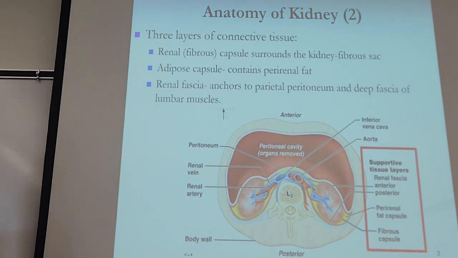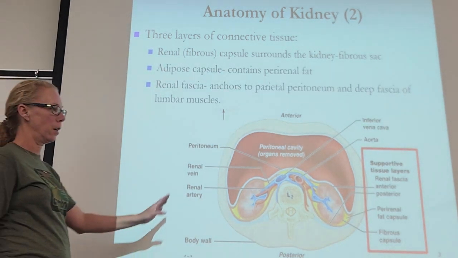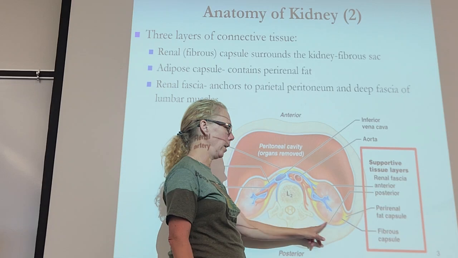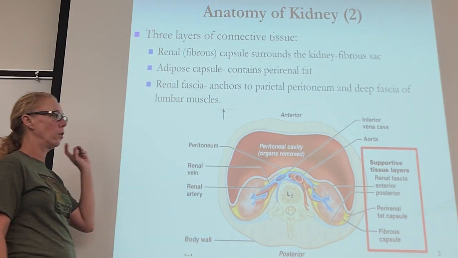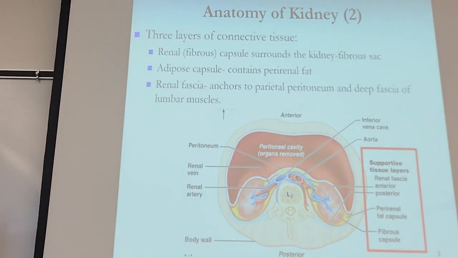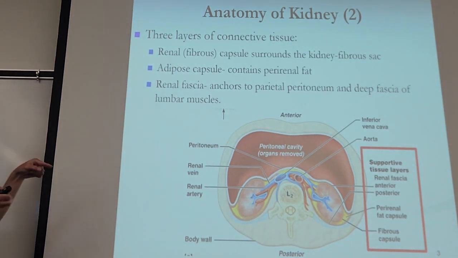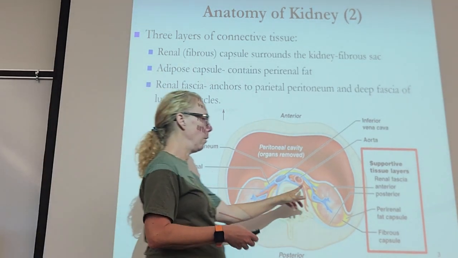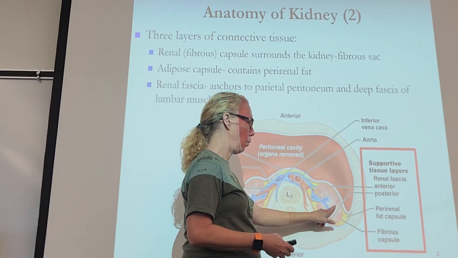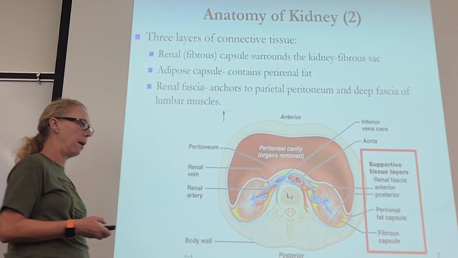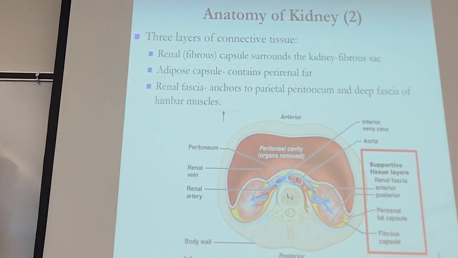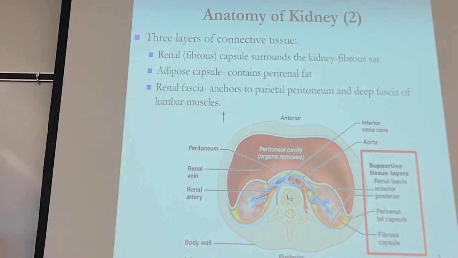As far as connective tissue goes, there are three layers surrounding the kidneys, and in lab we learned one of them. The first one is the fibrous capsule. If you're touching your kidney deep on the models, that one outer layer on the model is considered the fibrous capsule. So that's the deepest layer.